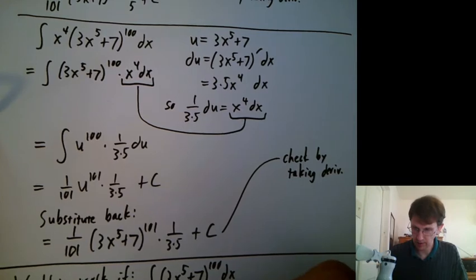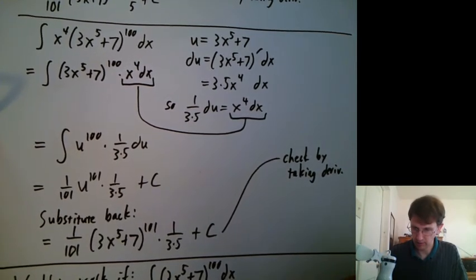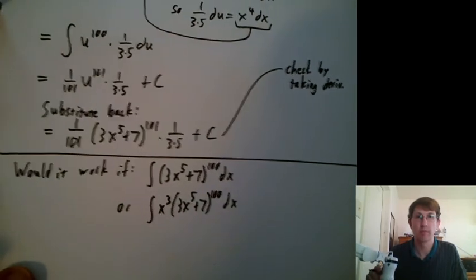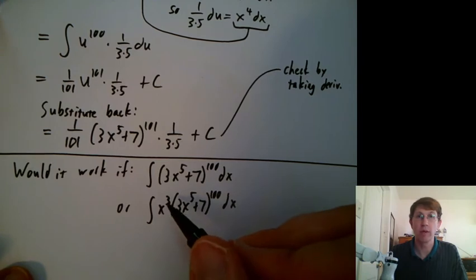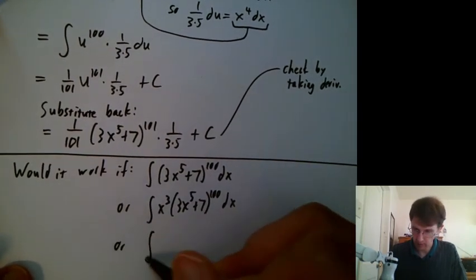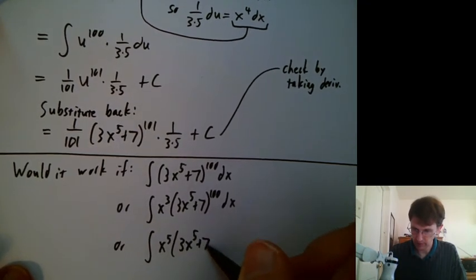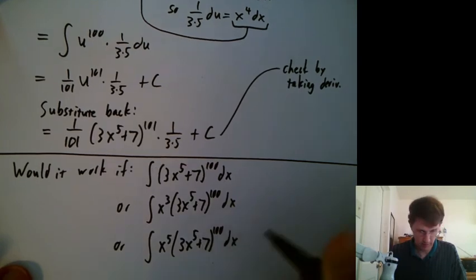Or what if we had x cubed times (3x to the fifth plus 7) to the 100 dx? So it worked when we had a fourth power there, but would it work if we had a cubed power? Or what if we had x to the fifth times (3x to the fifth plus 7) to the 100 dx?